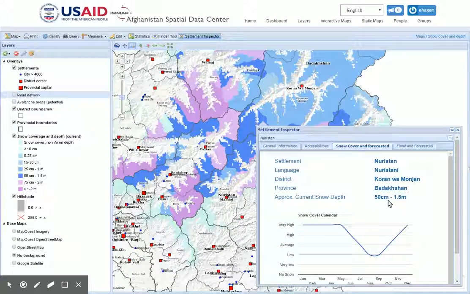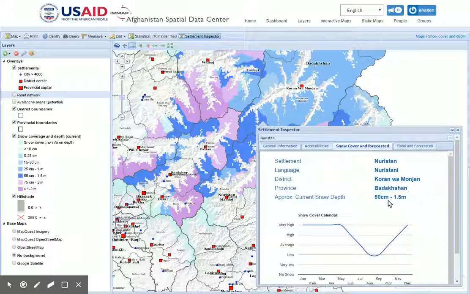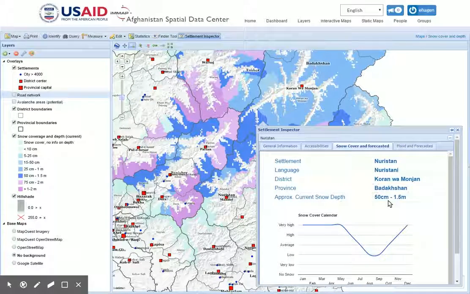The snow depth is estimated very simply by the snow water equivalent. We know the snow water equivalent, and this is averaged for an entire basin. And when it's very fluffy snow or fresh snow, it would reach a depth of 1.5 meters.